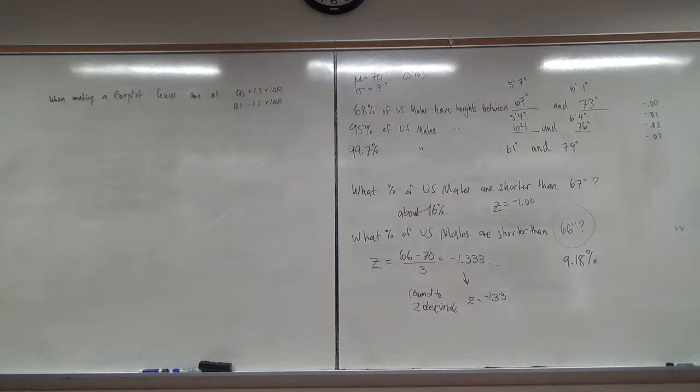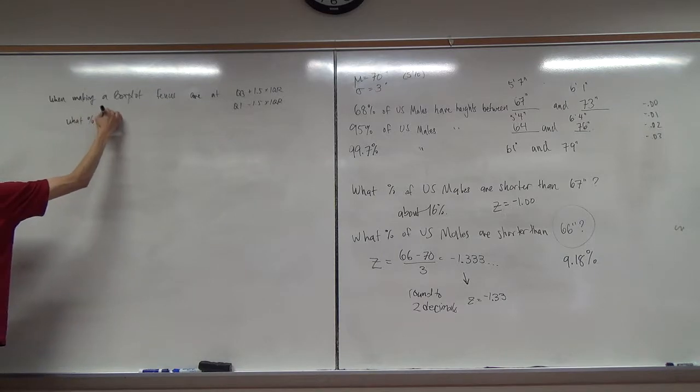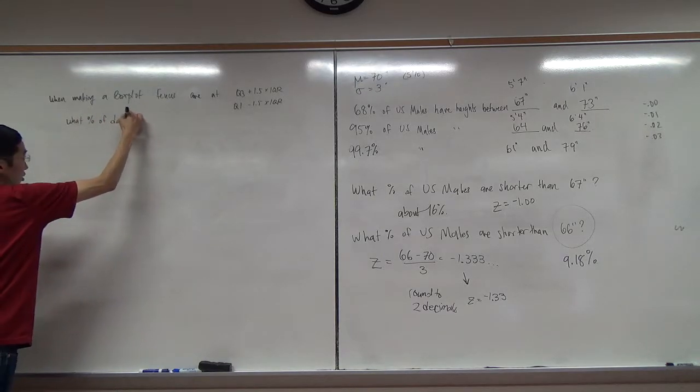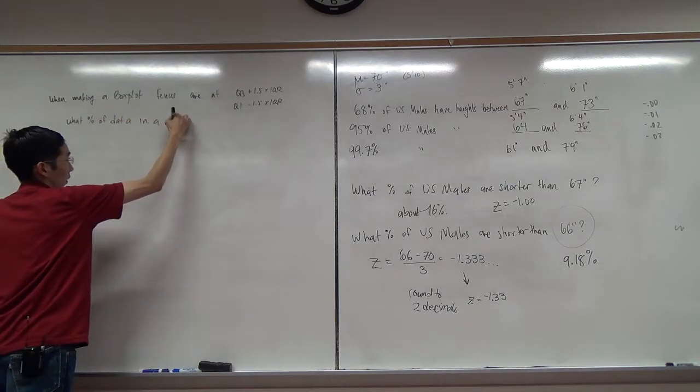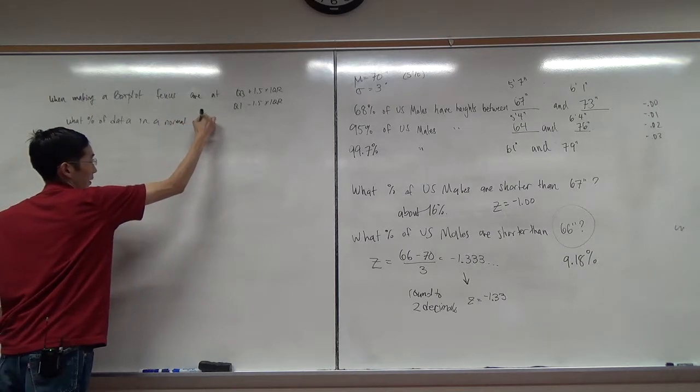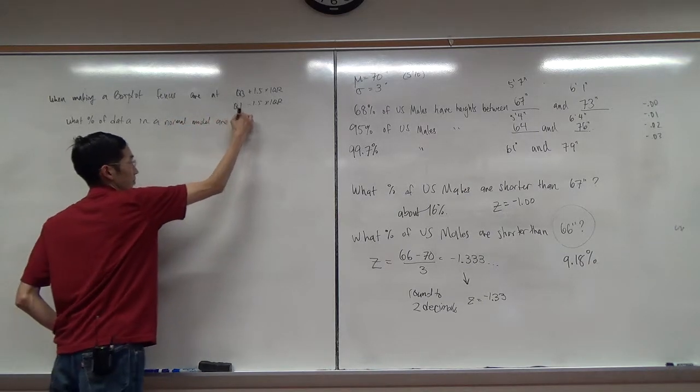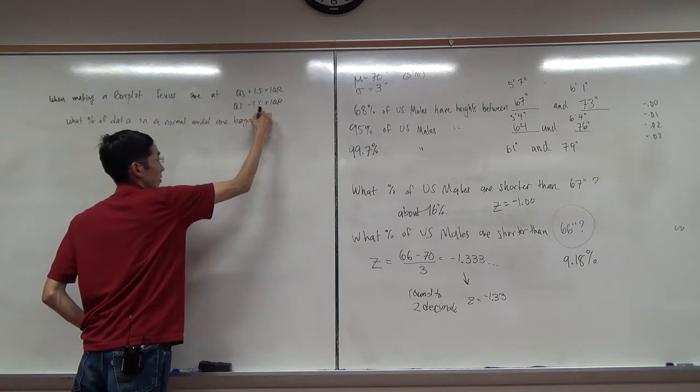So let me ask, what percentage of data in a normal model are beyond the fences?